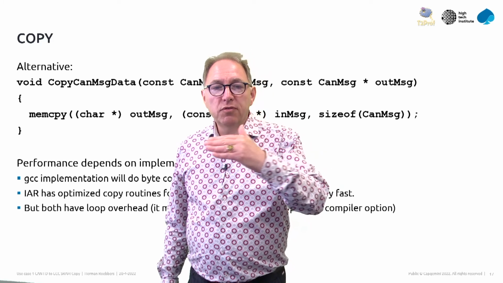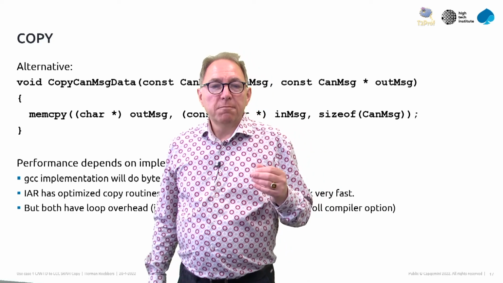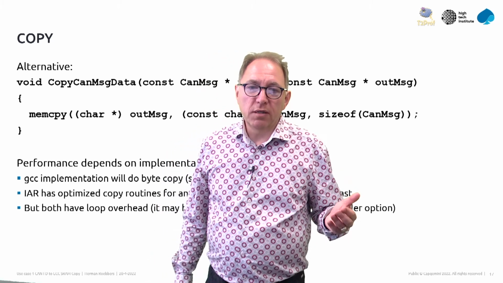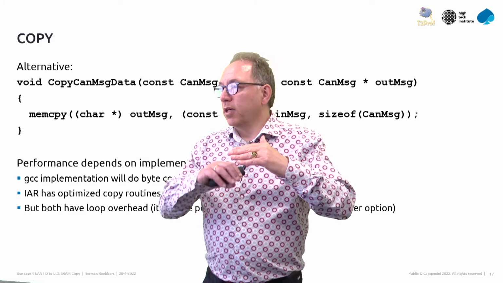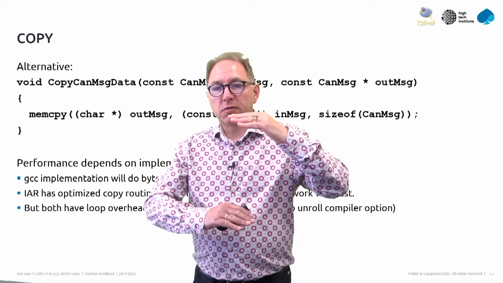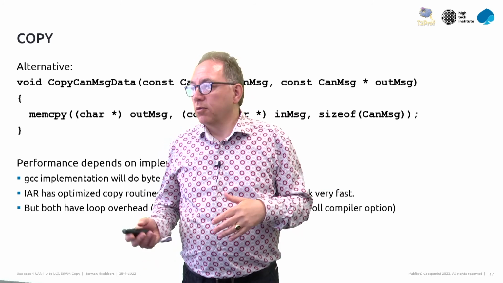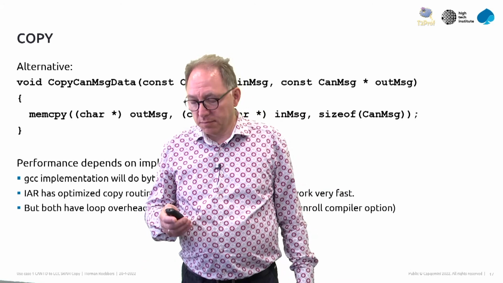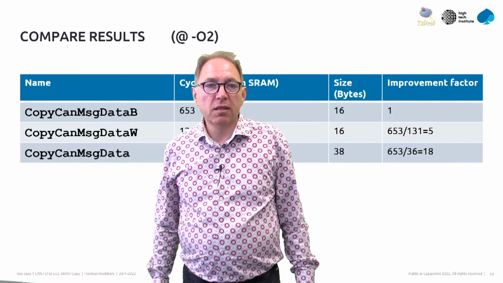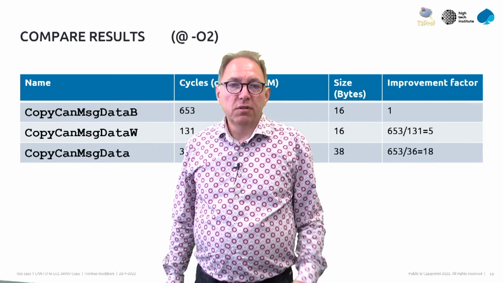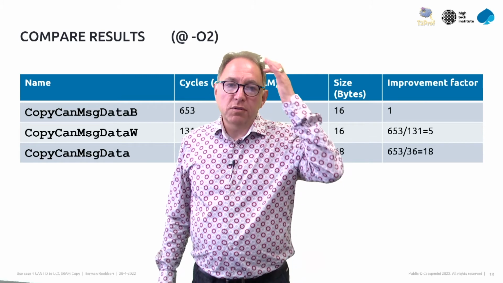So that will also be quite okay to use automatically. But both have some loop overhead, but it is possible to tell the compiler, unroll this loop, make all the instructions go one after the other, and then there is the same result as when you do it by hand. So here you can see the results in the different versions.